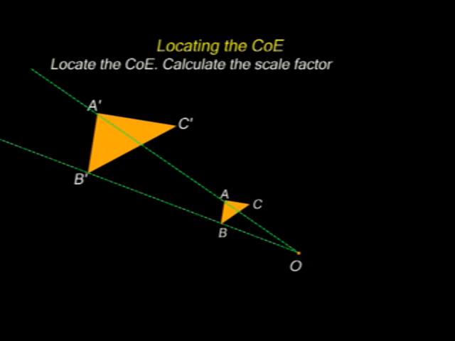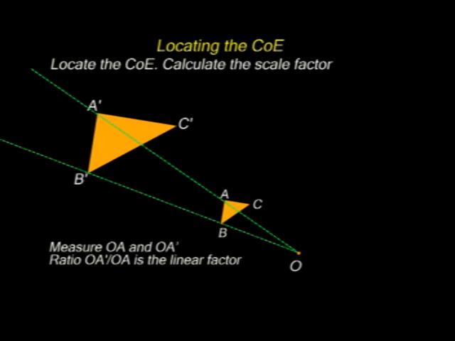You actually don't even need to join C to C prime because it will converge at the same point because the two figures are similar. Now to get the scale factor, you measure the distance OA and then you measure OA prime. The scale factor is given by OA prime over OA.